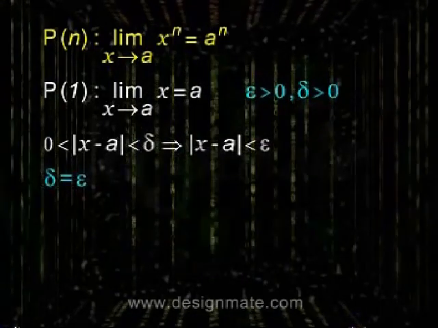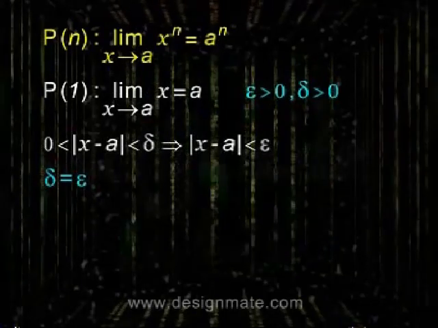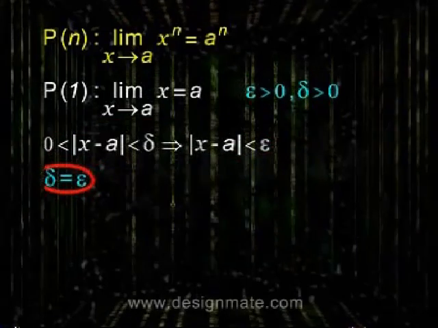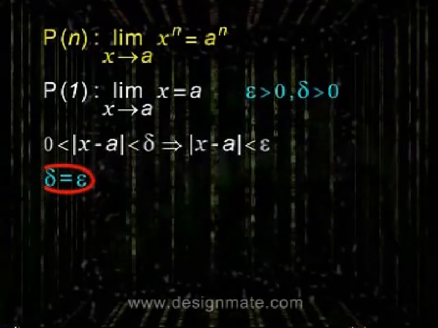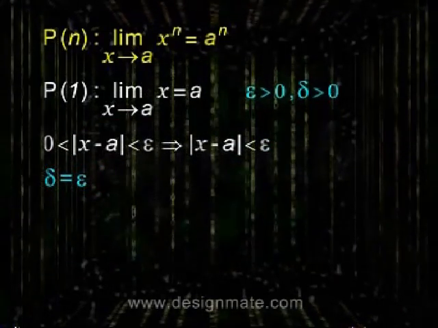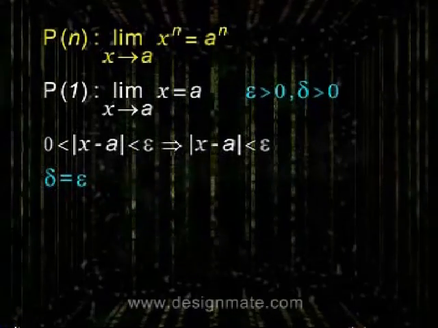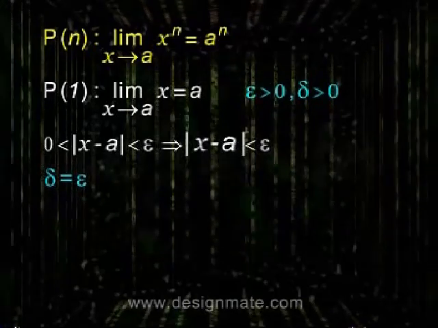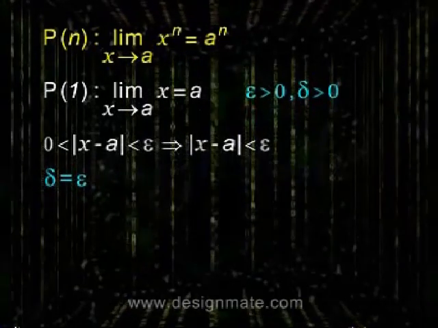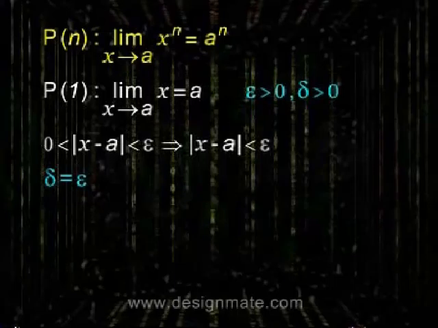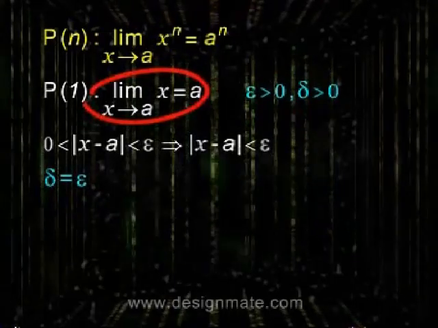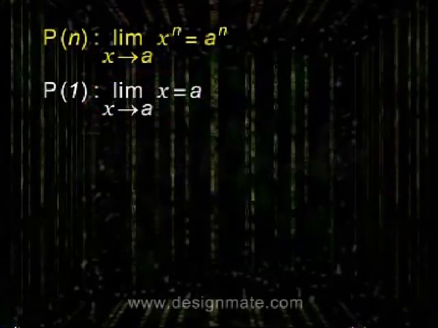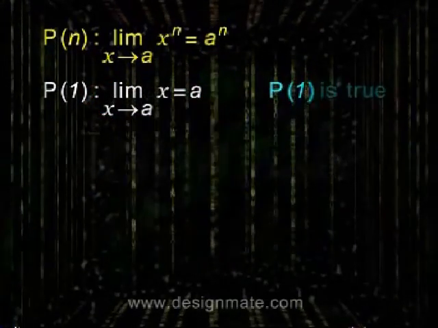We can take delta is equal to epsilon and the above inequality will be satisfied with delta is equal to epsilon. 0 is less than modulus x minus a is less than epsilon. Therefore, modulus x minus a is less than epsilon. Therefore, limit x tends to a, x is equal to a. Therefore, P1 is true.